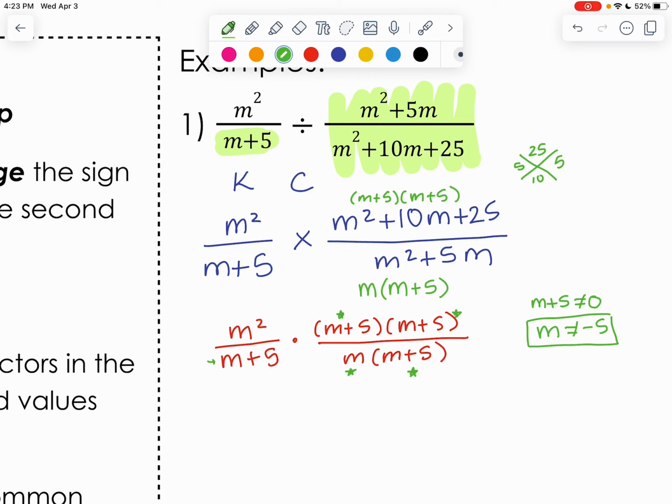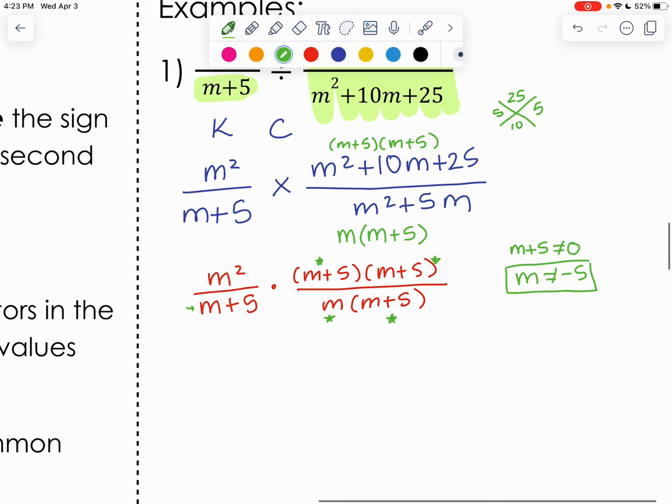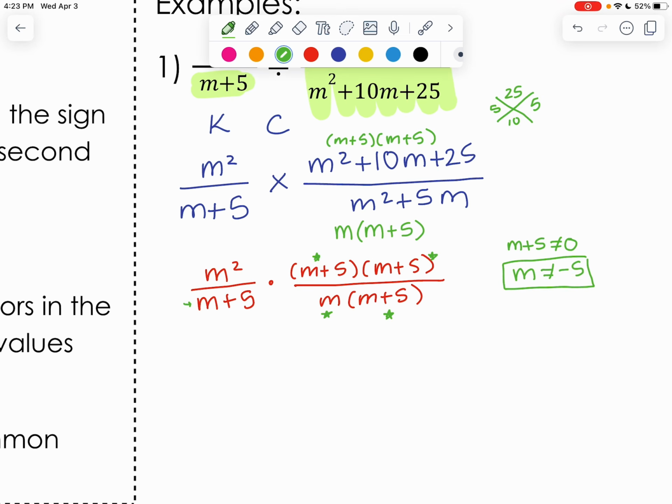So remember, any variable is an excluded value potentially because that's the unknown. We don't know what's going to be plugged in for m. Now the 3 m plus 5s, we already set m plus 5 equal to 0. You don't have to do it again. You'll get the same answer. It's not necessary. But the last one, m, set equal to 0, and there's nothing to solve.